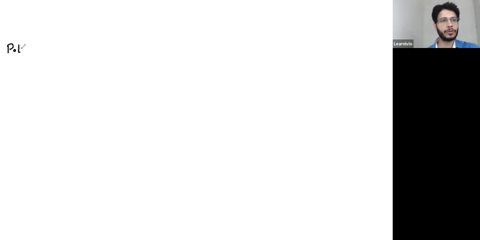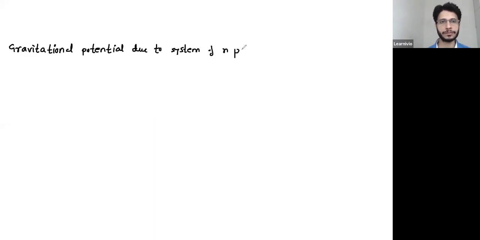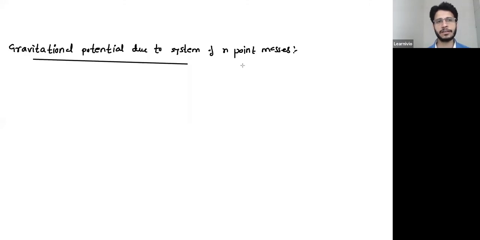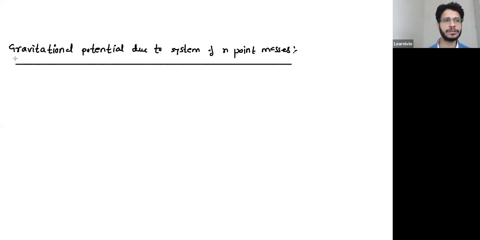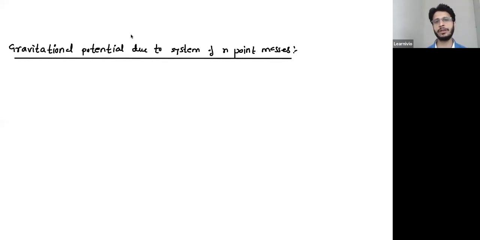So gravitational potential due to a system of n point masses. It's just like field, but the difference is that instead of adding them vectorially, it's a scalar quantity.